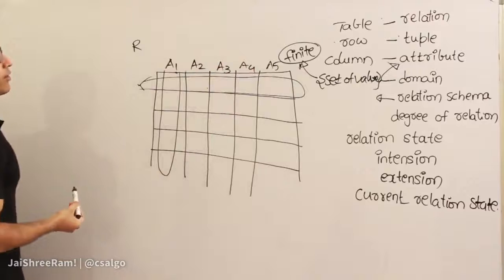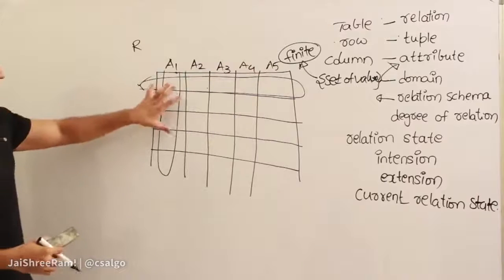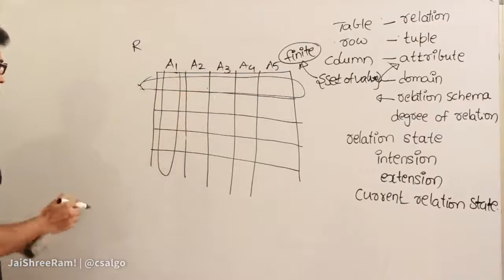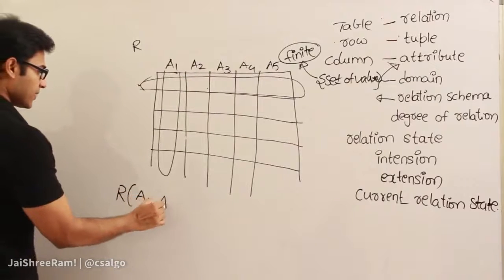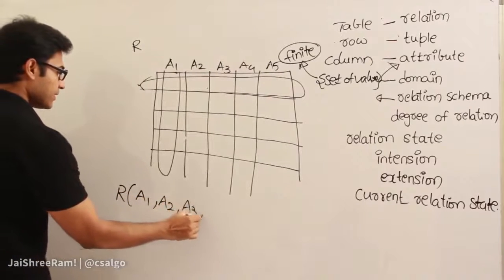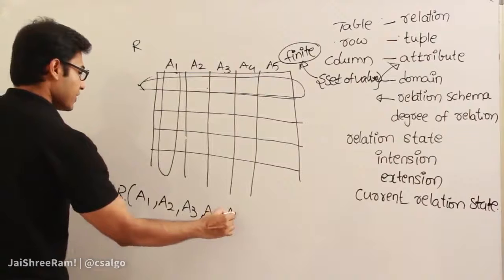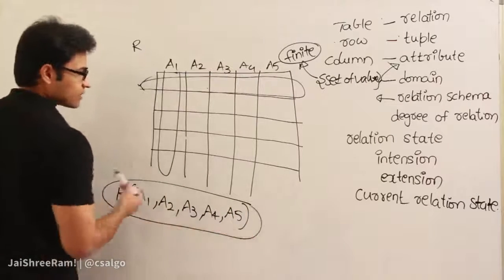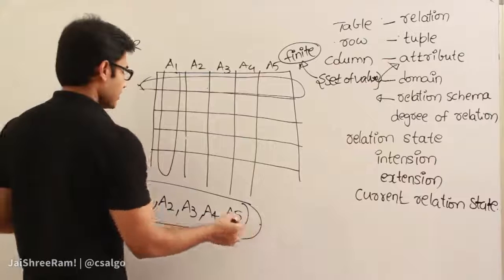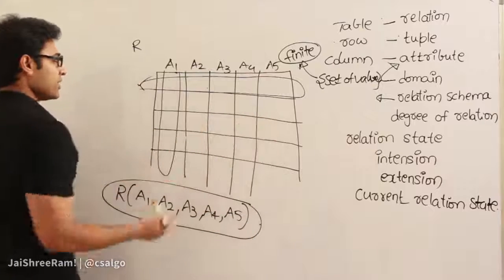You can represent this entire table heading this way, as R(A1, A2, A3, A4, A5). This entire thing can be called the relation schema. So relation schema is nothing but the heading of the table. You can imagine it that way.